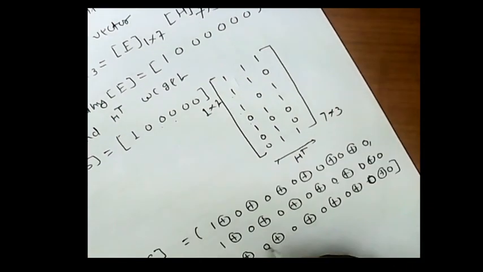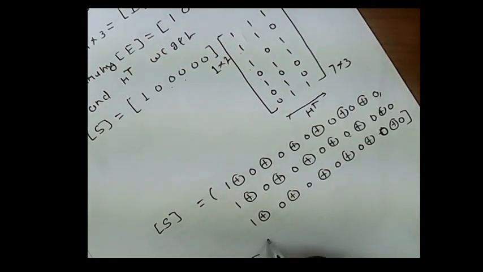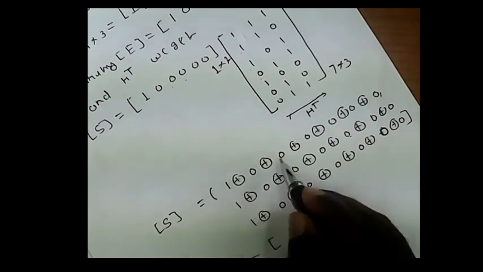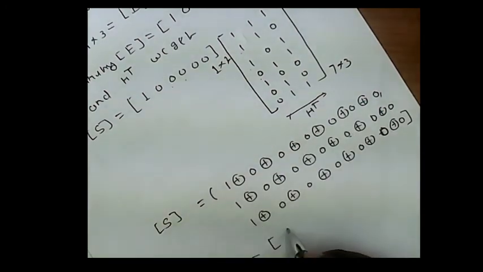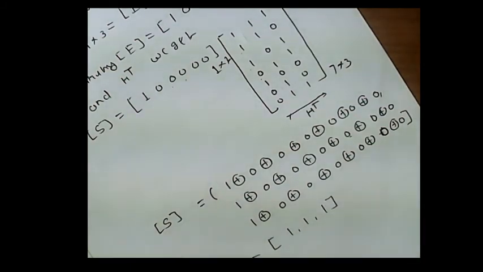After solving this equation and using modulo-2 arithmetic, we get the syndrome for the first bit error as 1 1 1. So this is the first syndrome.